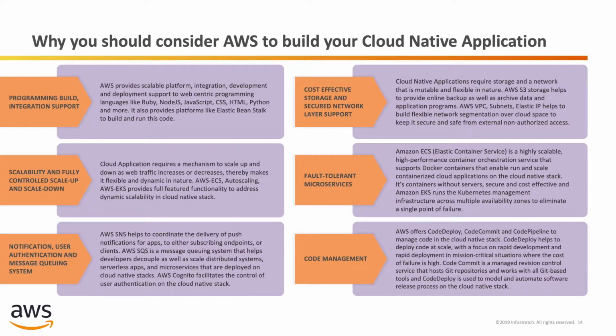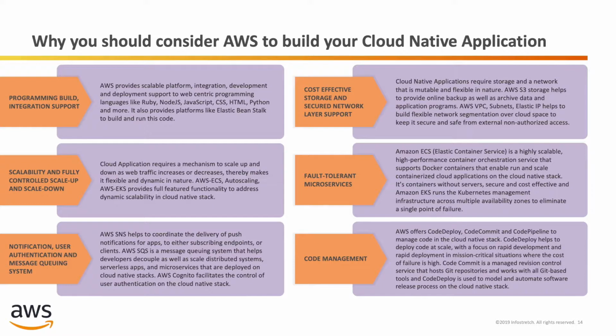Next, talking about user authentication, notifications, and queuing systems, we have a service called Amazon Cognito, which lets you add user sign up, sign in, and access control to your web and mobile apps. For notifications, we have a service called Amazon Simple Notification Service.